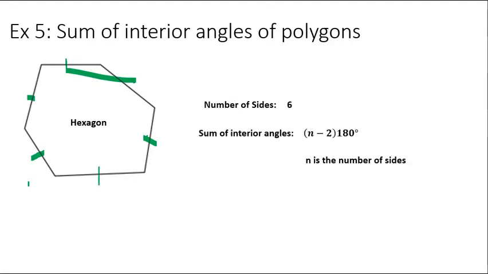Using the formula again, n minus 2 times 180, where n is the number of sides. So we have 6 minus 2 times 180. Again, 6 minus 2 is 4, and 4 times 180 gives us 720 degrees.